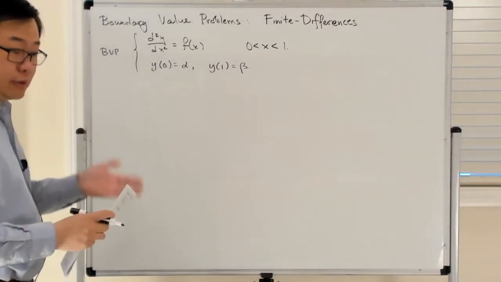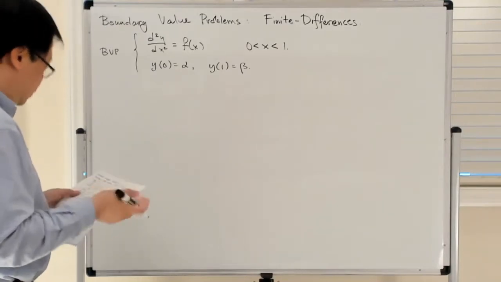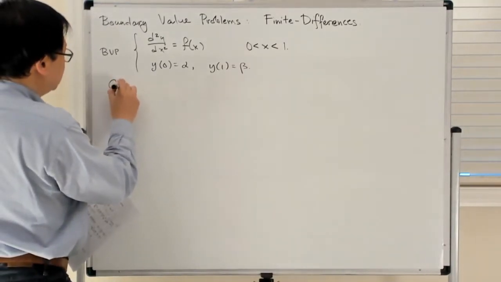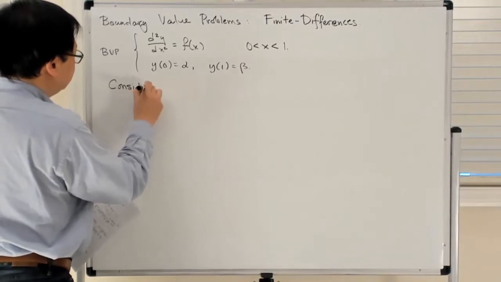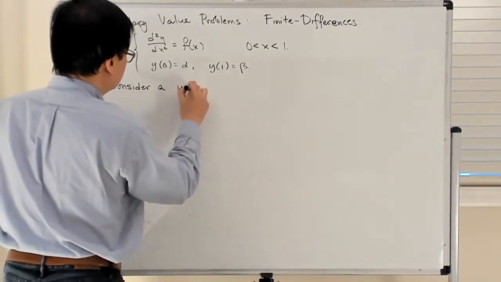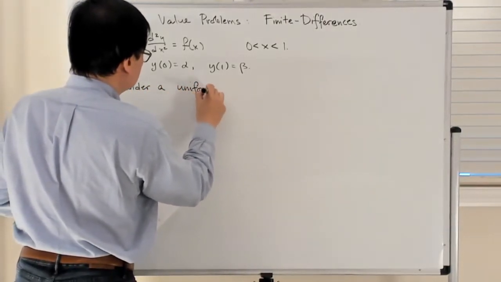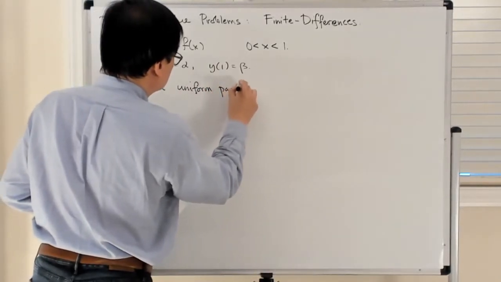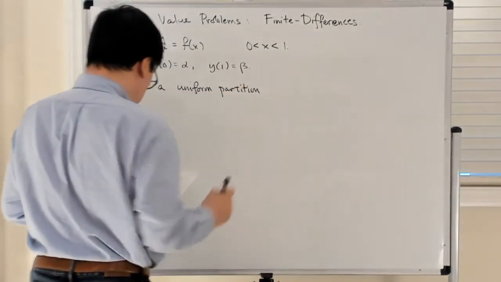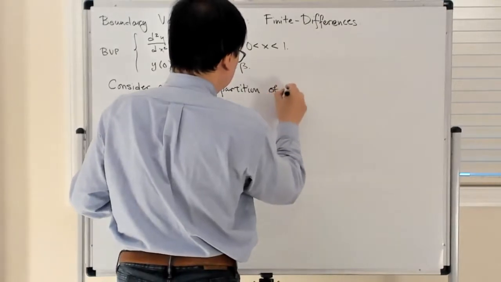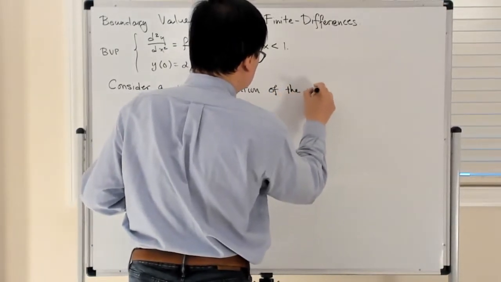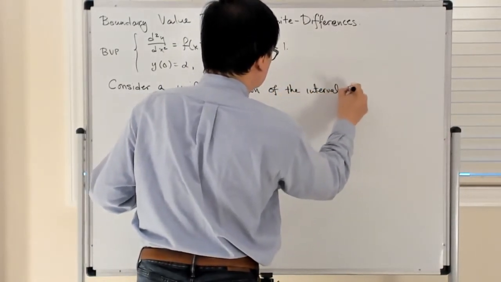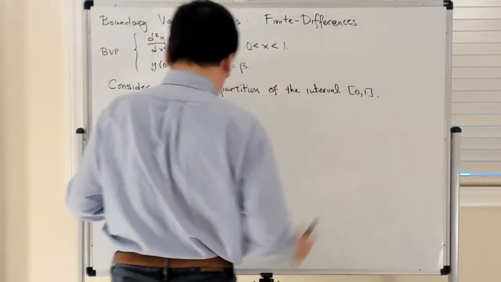of the interval from 0 to 1. Let's just say it's uniform. So let's consider a uniform partition of the interval from 0 to 1.